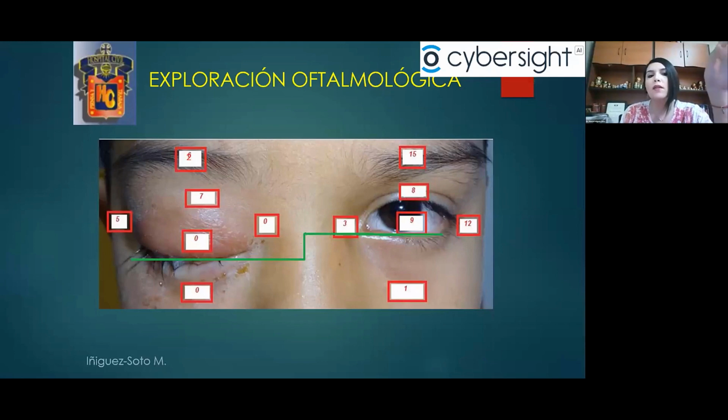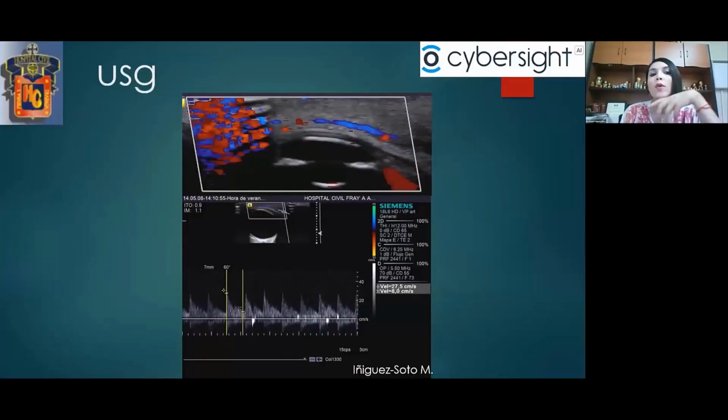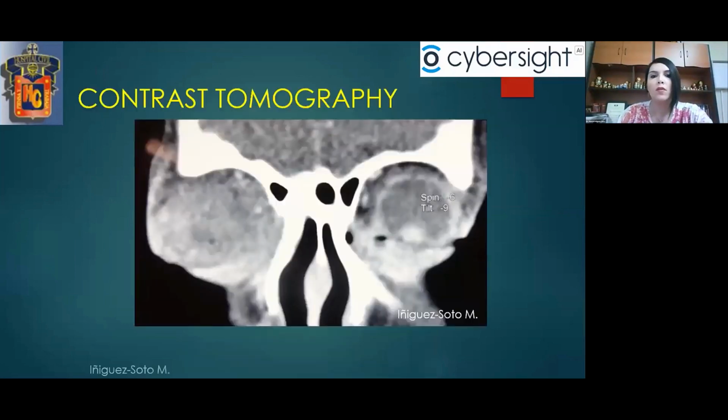So with this kind of tumor and the history of the patient, we must do transillumination. And with this test, we can see that maybe it's a vascular tumor. So if we are thinking of a vascular tumor, we must ask for ultrasonography. And we can see in this study that it is a high-flow lesion.